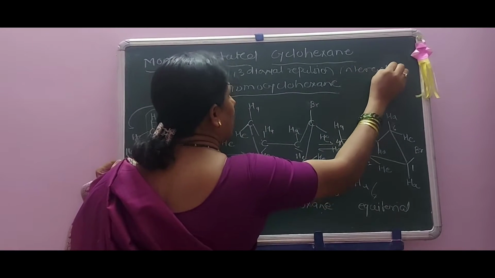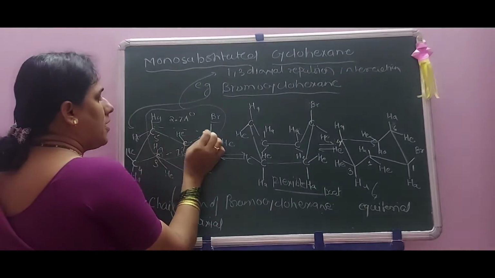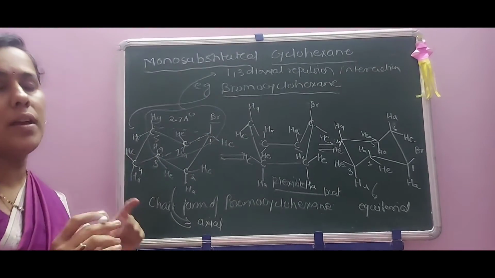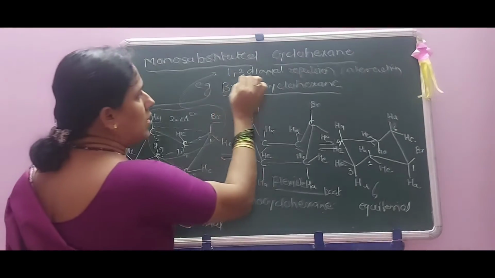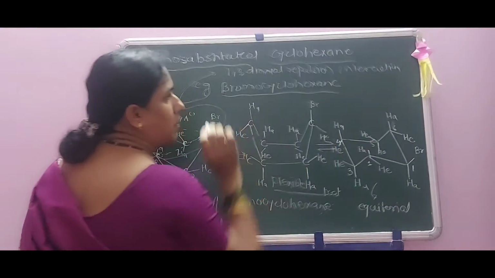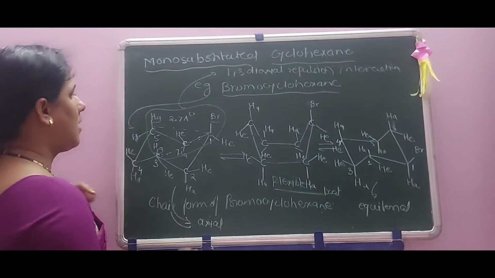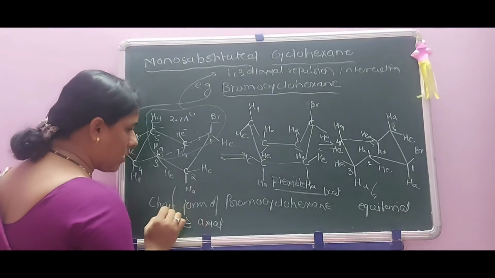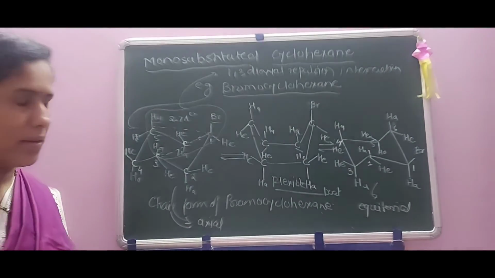Therefore they produce an internal steric strain. This 1,3 diaxial repulsion interaction causes the internal strain, and thus the chair form of bromocyclohexane becomes a strained one.